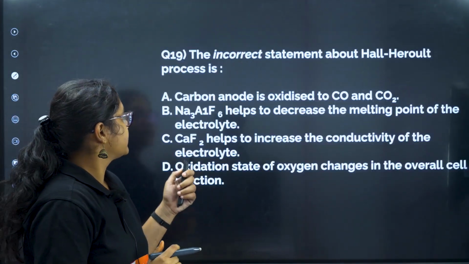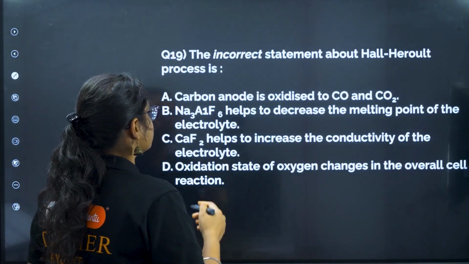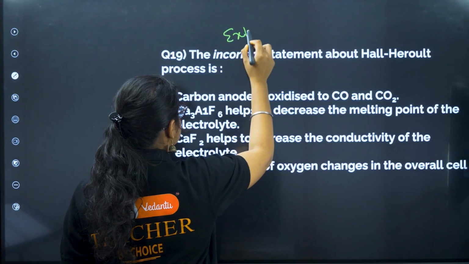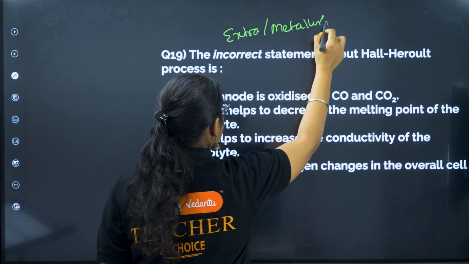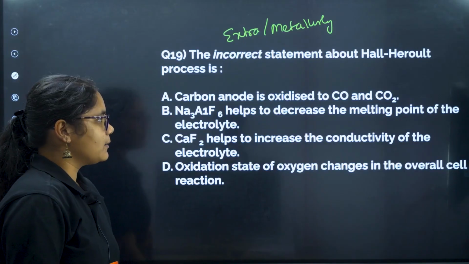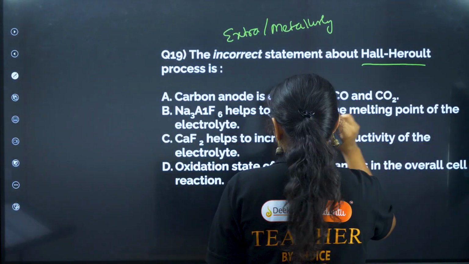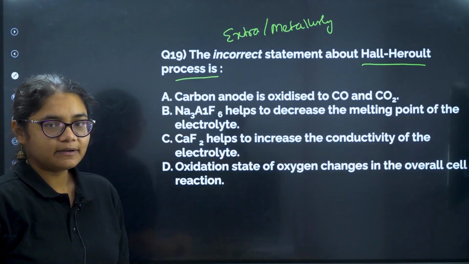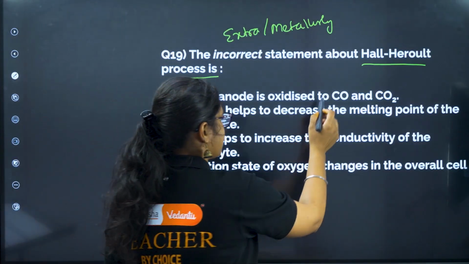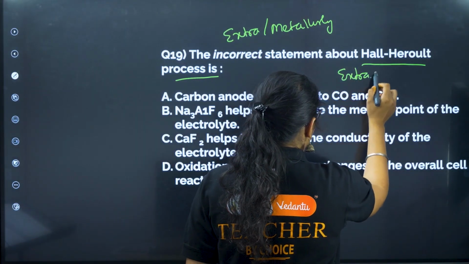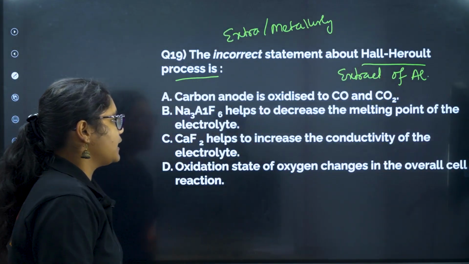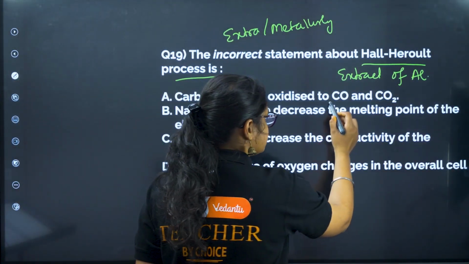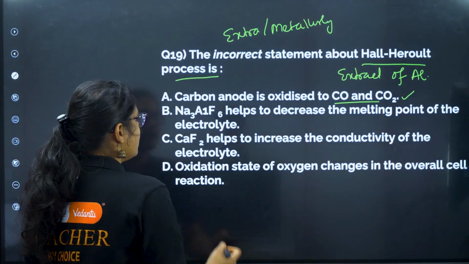Now let us see the next question. This question is from extraction of metals, that is metallurgy. So the incorrect statement about the Hall-Heroult process. This is a process used in the extraction of aluminium. Carbon anode is oxidized to CO and CO2. This is a correct statement.